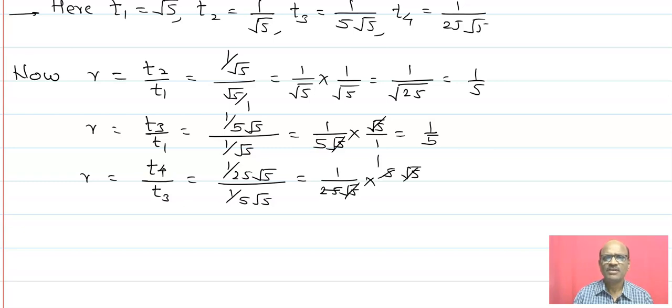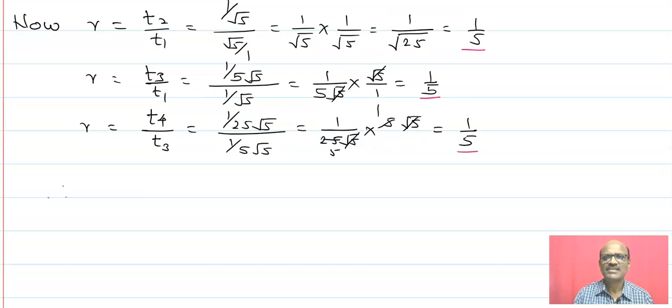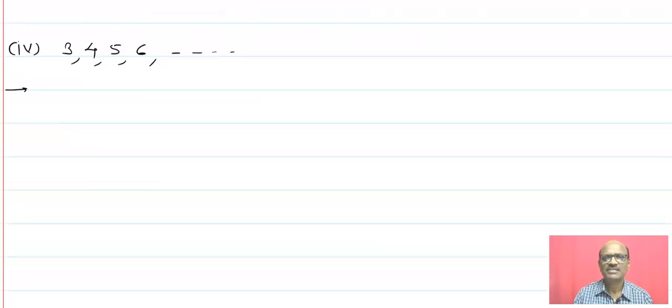Then again 1 upon 25 root 5 into 5 root 5, and again we are getting the ratio 1 upon 5. Now see this, the ratio is constant, therefore the given sequence is in geometric progression. One small mistake is there in T3 upon T2; by mistake I had written T1.